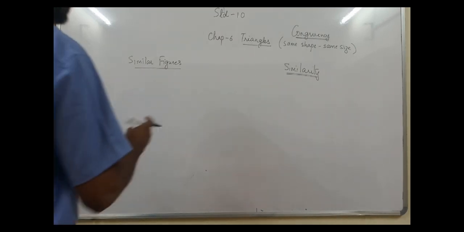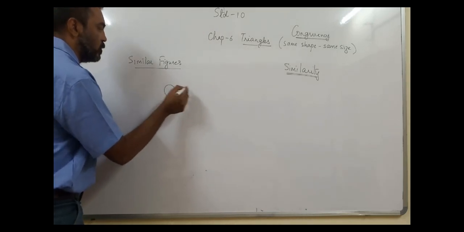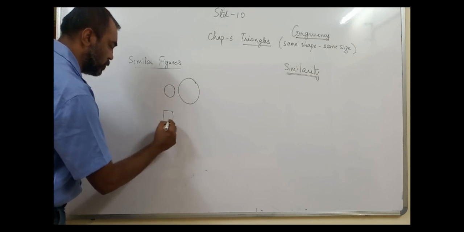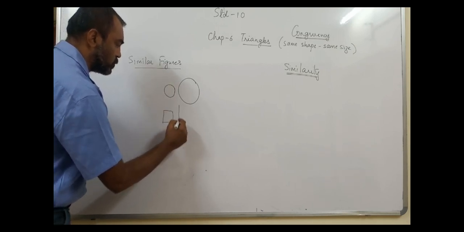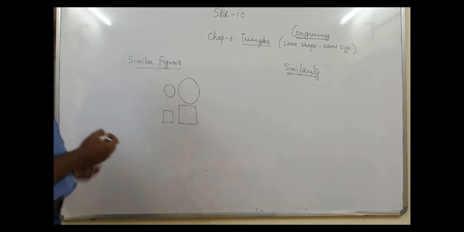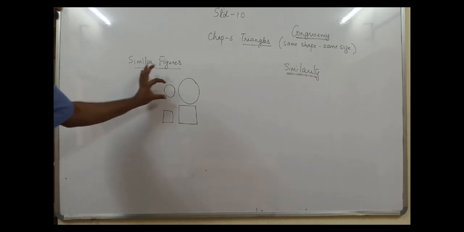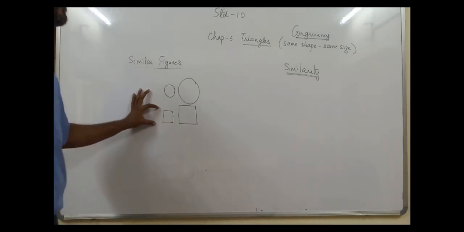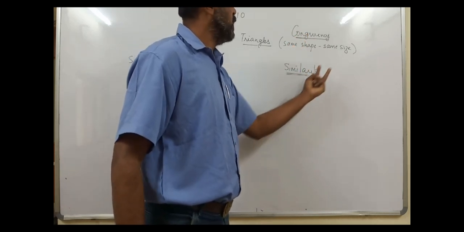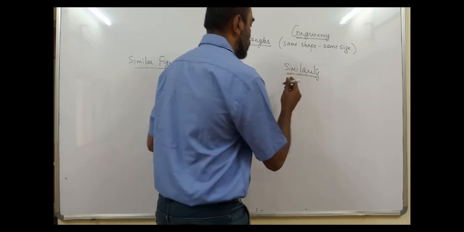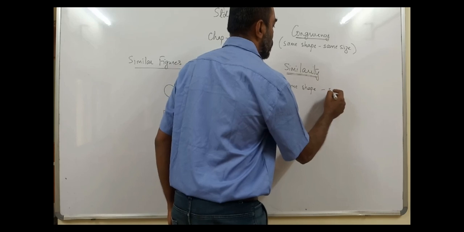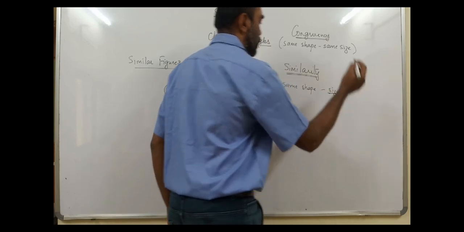The book is saying a smaller circle or a bigger circle, a smaller square or a bigger square. What you can see here, the shape is the same, but the size is different. In congruency, the shape was the same, the size was the same. In similarity, the shape has still remained the same, but the size is not specified.